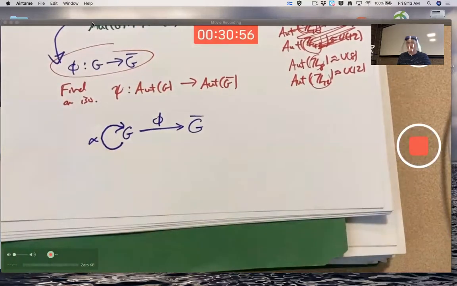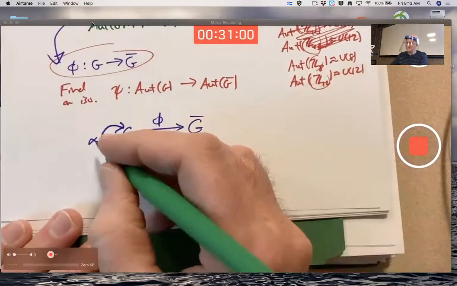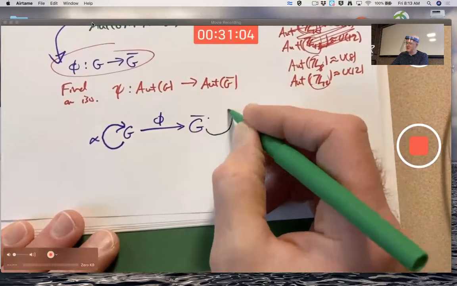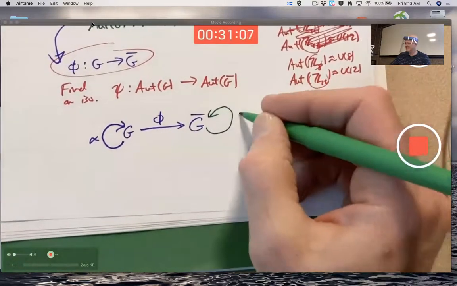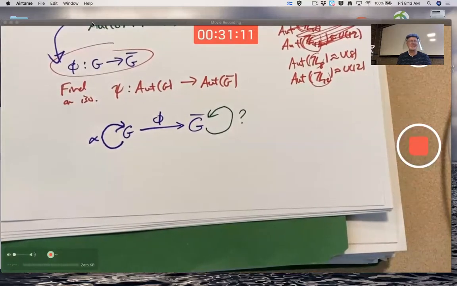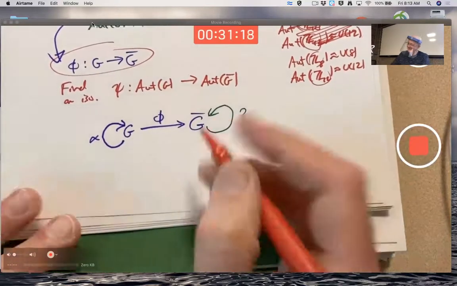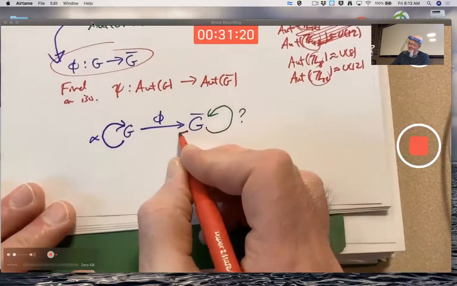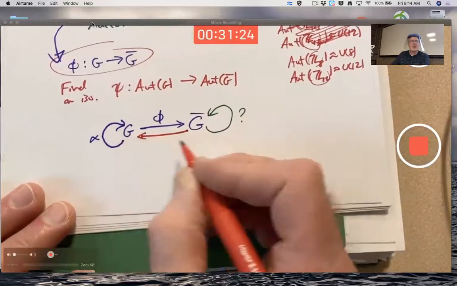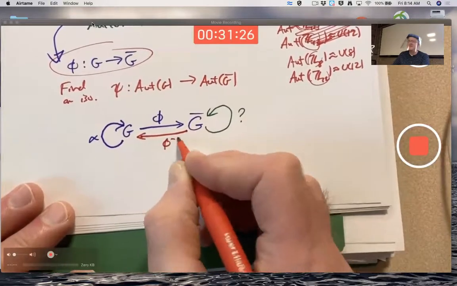Is there a way to look at this diagram and figure out how to take this alpha and this phi and create an automorphism from G bar to itself? There is, though you come at it in kind of a roundabout way, you might say. First, evidently, if I'm going to use both phi and alpha, I need to go backwards from G bar to G. How about use phi inverse?